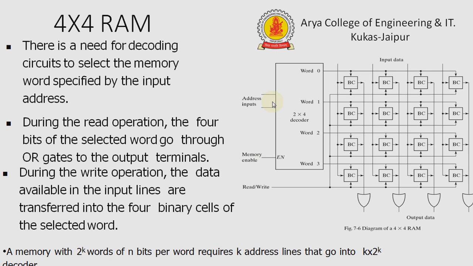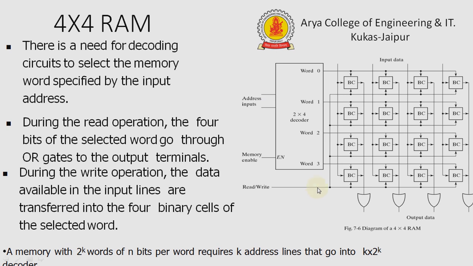The read-write input determines the operation. During the read operation, the 4 bits of the selected word go through OR gates to the output terminals, and during the write operation, the data available in the input lines are transferred into the 4 binary cells of the selected word.